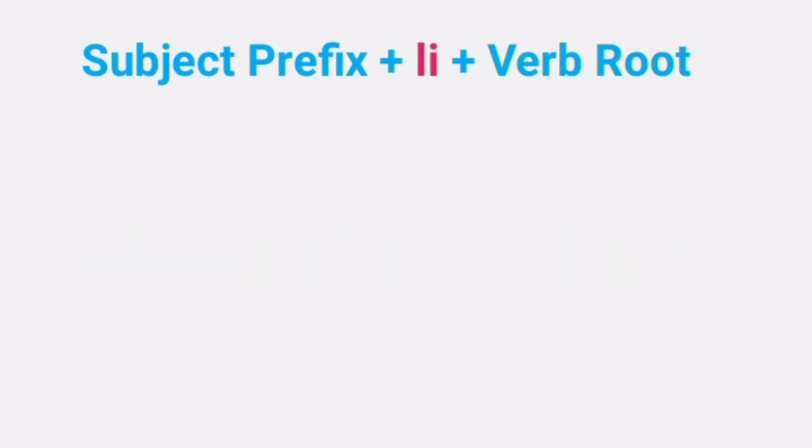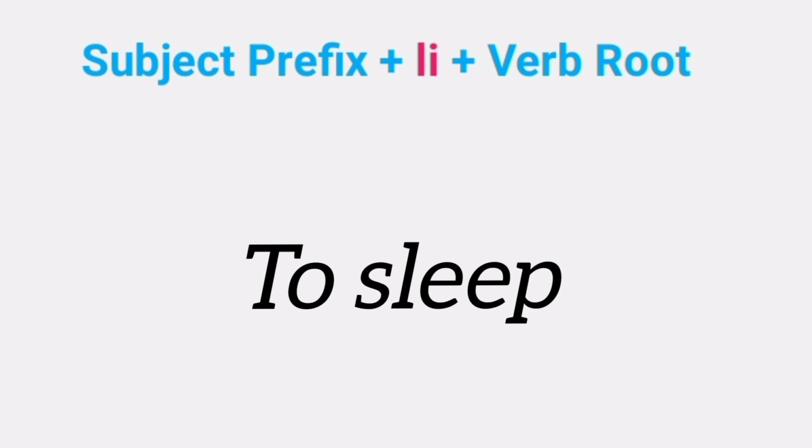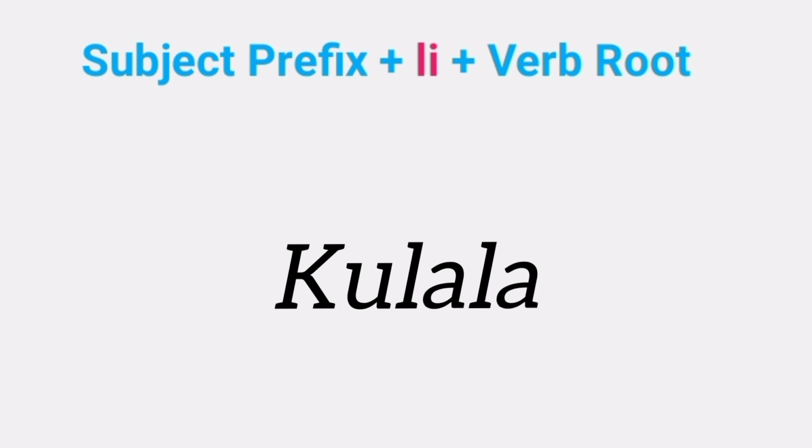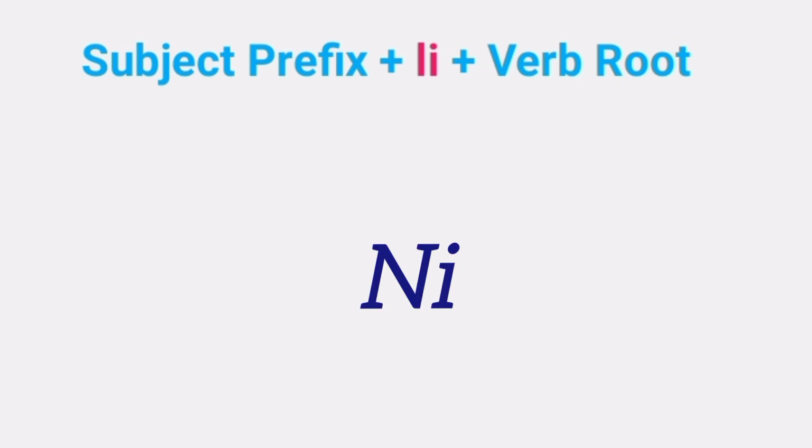We want to conjugate the verb to sleep in the complete past tense. To sleep is kulala in Swahili. And I want to say I slept. So I have to start with ni. If you remember, ni is the marker linked to I. So whenever you see ni at the beginning of a conjugated verb, you know that the person performing the action is I, the first personal pronoun.